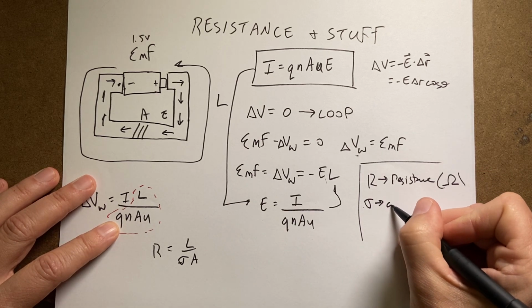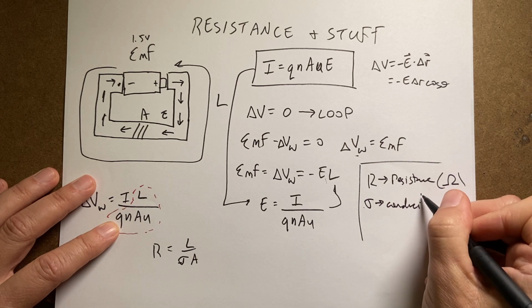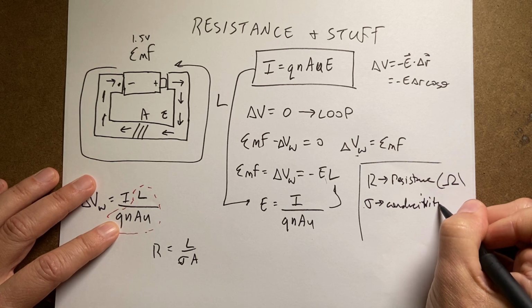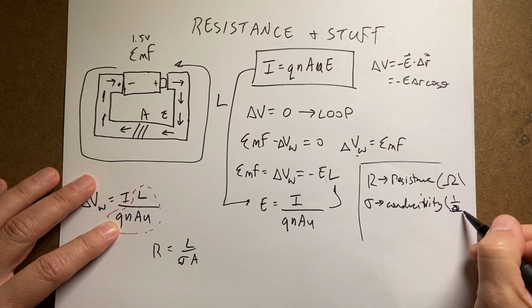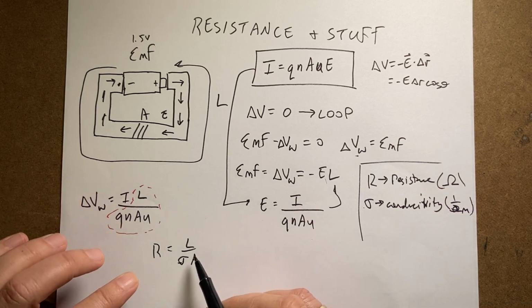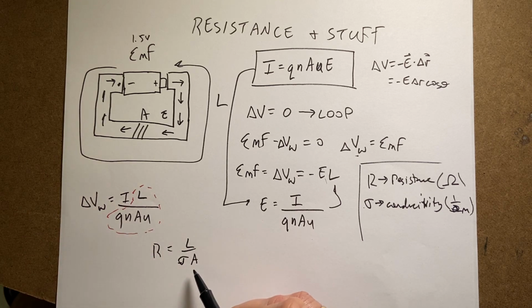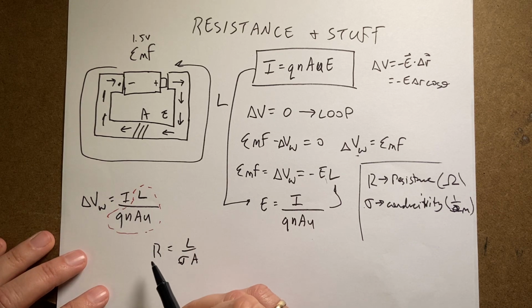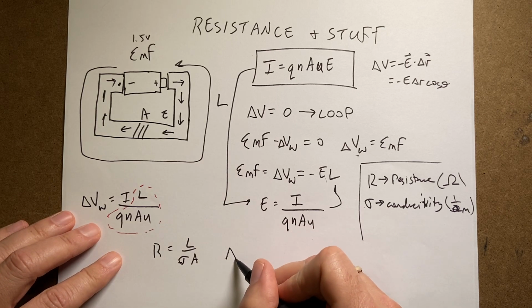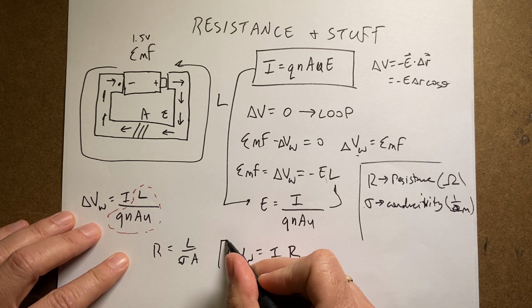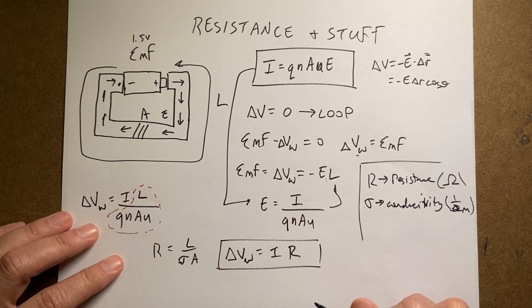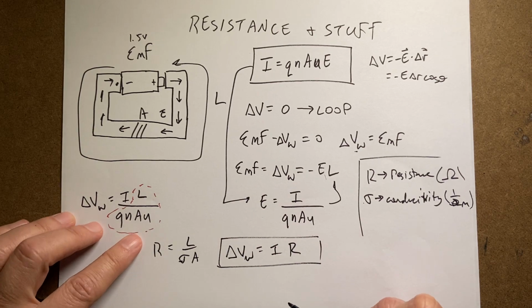Sigma is the conductivity, and this will have units of 1 over ohm meters, and then length is in meters and area is in meters squared. So that is the resistance, and from that I get this: delta V wire equals I R, and that's how we define resistance. It's that property right there.